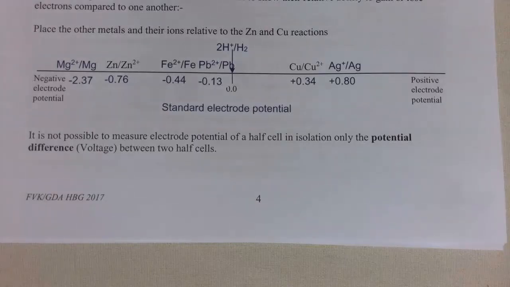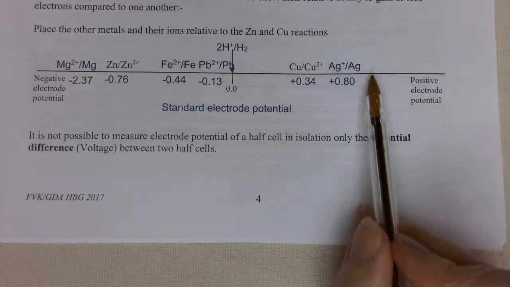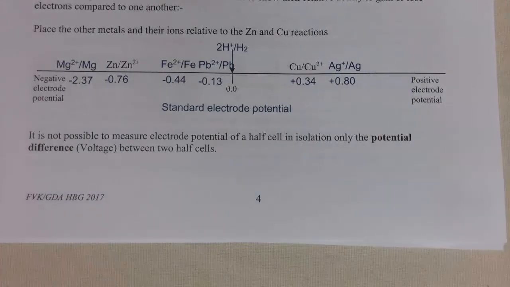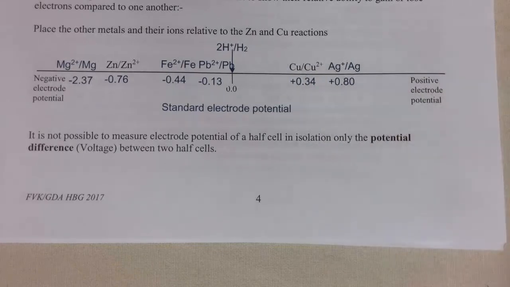So at the bottom of page 4, we have this standard electrode potential chart going from magnesium on one side down to silver on the other side. So it's not possible to measure the electrode potential of a half cell in isolation. So we don't know what the absolute value of this is. We can only measure a potential difference, which means we have to have something to compare everything to.